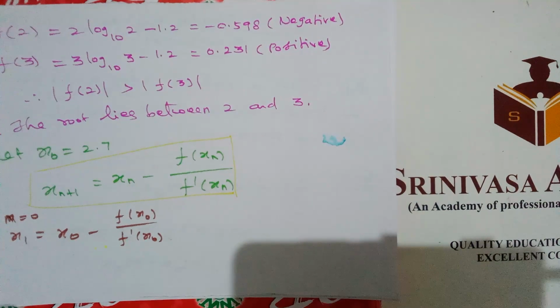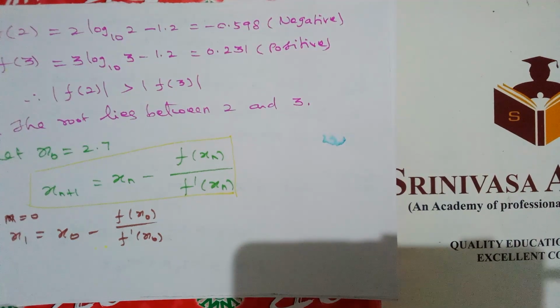That is the idea. Now I am going to take the modulus for both f of 2 and f of 3. Which is the greatest value? 0.5. Even though it is minus 0.5, with the modulus it becomes 0.5, plus 0.5 and 0.2. So 0.5 is the greatest value, so the root lies between 2 and 3.